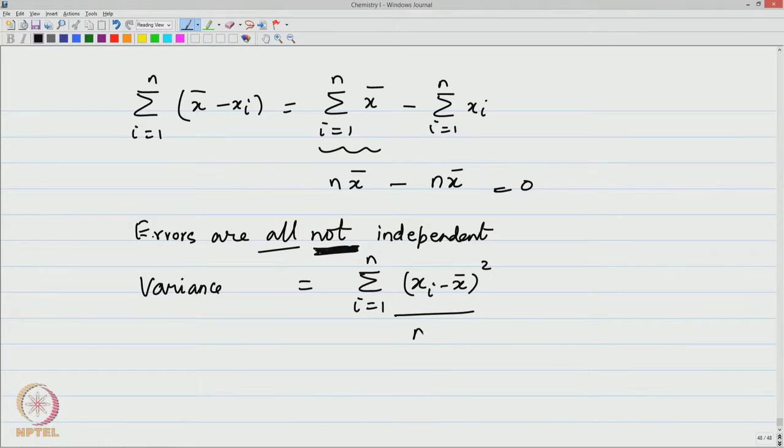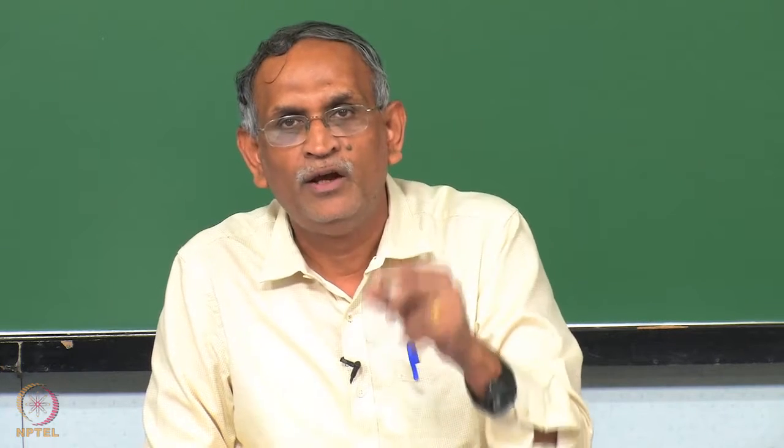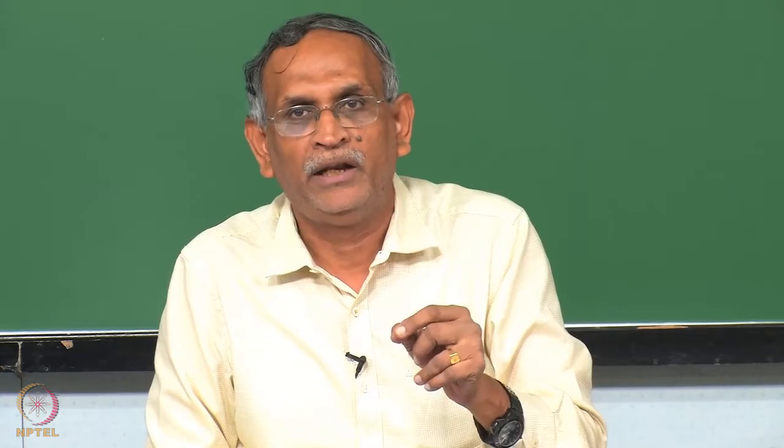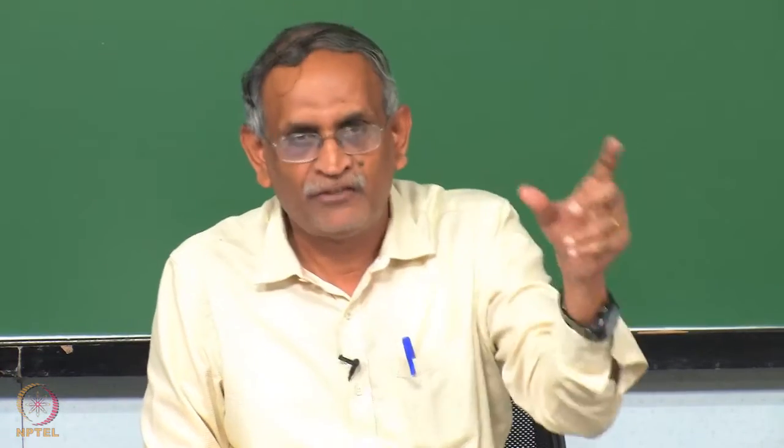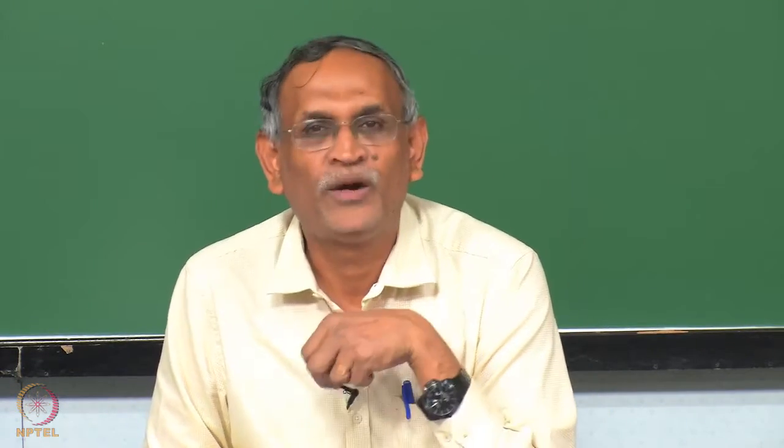So, we introduce a variance as something that is divided by n minus 1. Why n minus 1? Precisely because your average deprives the system of one degree of freedom, that of the n errors that you notice, only n minus 1 are independent, because the last error cancels the sum of all the others, as you have here.